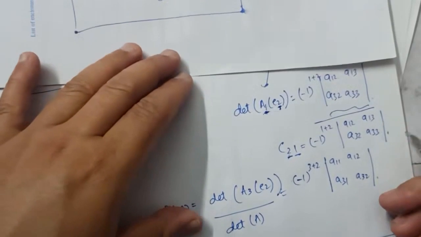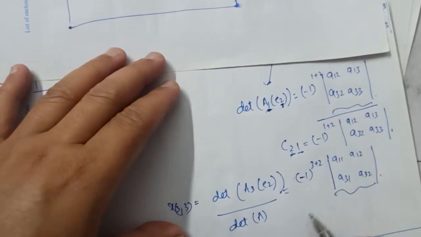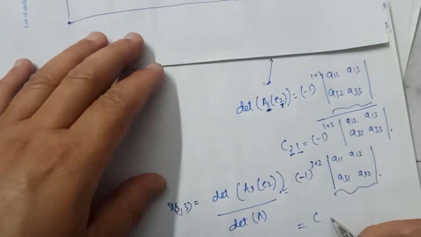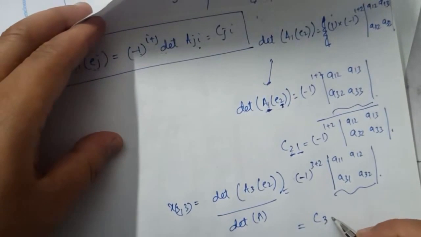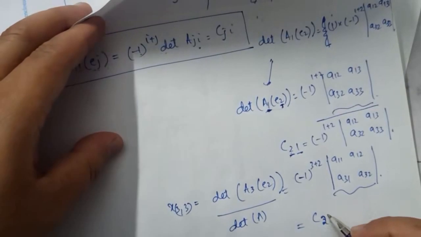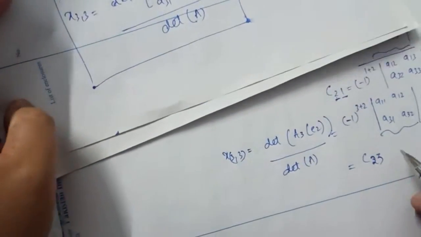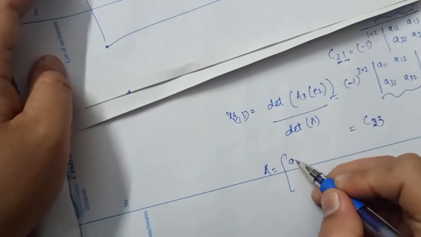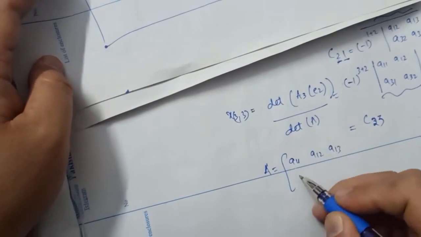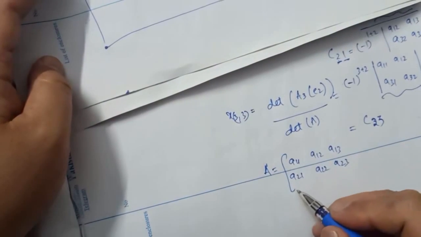Now in a conventional setup, this is a cofactor expansion of C23, if A matrix is given by this thing here. I'm writing it again for you to understand this bit.